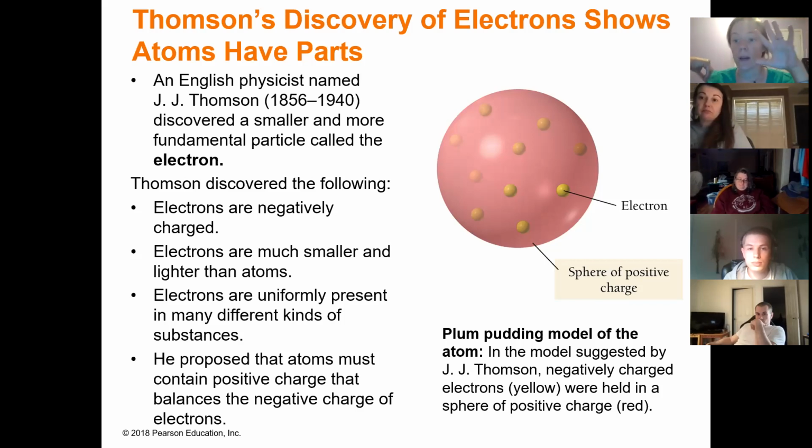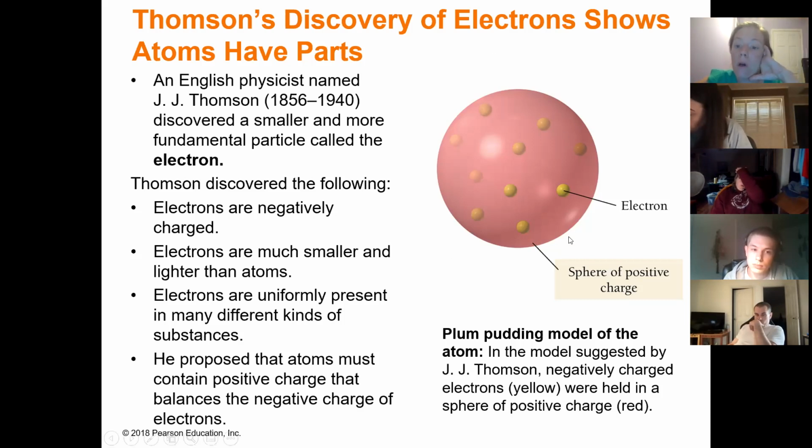The electron was found before protons or neutrons. He didn't know about the nucleus. He just knew that no matter what the material was, gold or copper or hydrogen, they all had these things called electrons, different numbers of them, and that these electrons had a very small mass and a negative charge, but they were uniform across all substances.